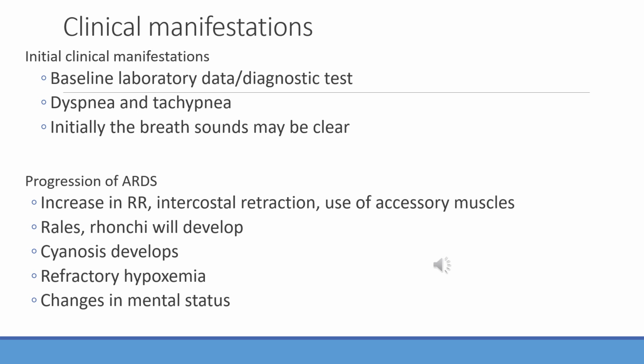Then the chest X-ray will exhibit some minimal scattered interstitial infiltrates or demonstrate diffuse and extensive bilateral infiltrates, to where it even gets to the white out, which is that hallmark sign of ARDS on a chest X-ray. Cyanosis will develop but will not improve with oxygen administration because of that refractory hypoxemia. And then we've already discussed the mental status changes that will include increased agitation, confusion, and lethargy as the failure progresses.